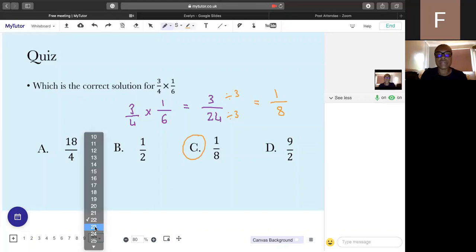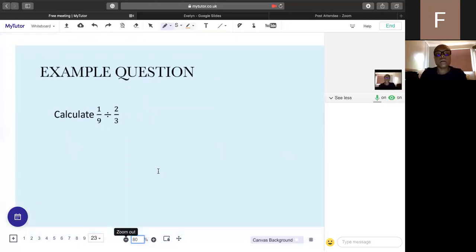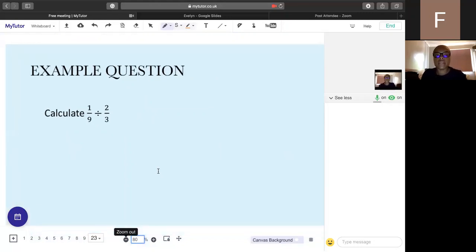So now we're going to go through an example question on dividing. We want to calculate 1 over 9 divided by 2 over 3. We're going to do exactly the same method as we discussed. So we've got keep. We're going to keep the first fraction exactly the same, 1 over 9.